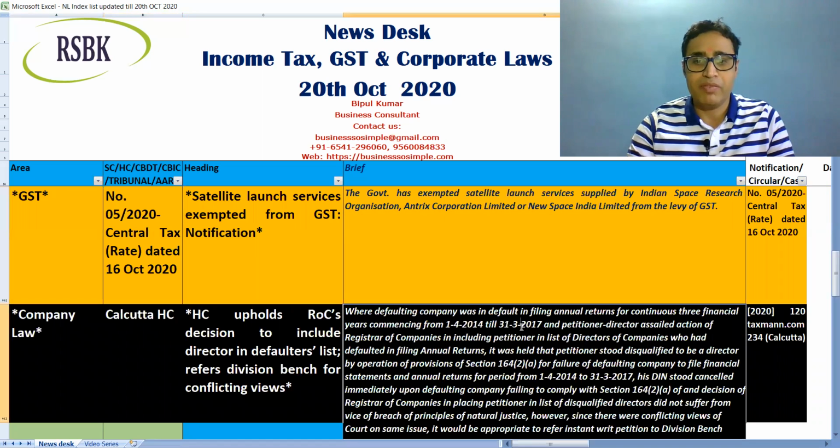Where the defaulting company was in default in filing annual returns for three continuous financial years from 1st April 2014 till 31st March 2017, and the petitioner director assailed the action of the Registrar of Companies including the petitioner in the list of directors of companies who had defaulted in filing annual returns, it was held that the petitioner stood disqualified to be a director by operation of section 164 subsection 2(a).